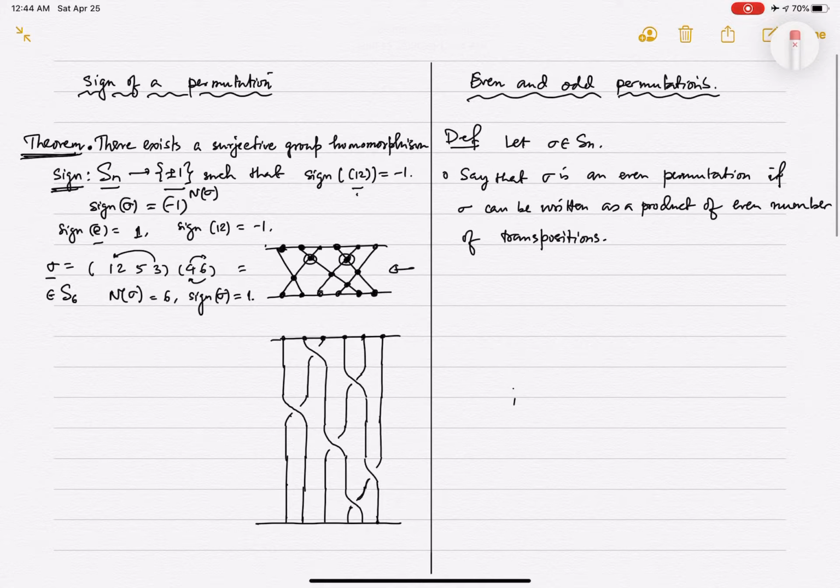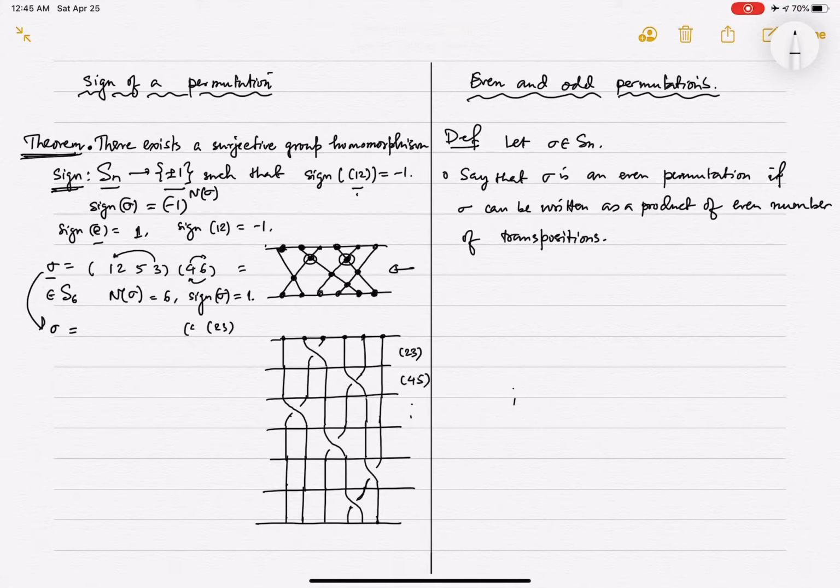What that shows me, if I just draw these lines in the middle, is that I have written this same sigma as a product of transpositions. Here is the transposition (2 3), flipping 2 and 3. Here is the transposition (4 5), etc. So (2 3), then (4 5).